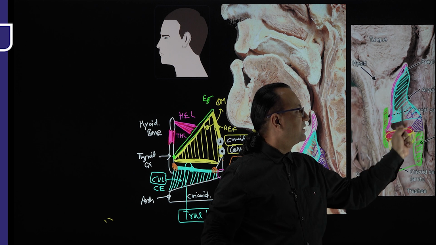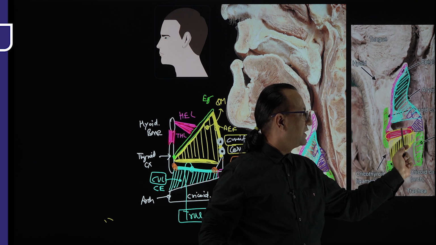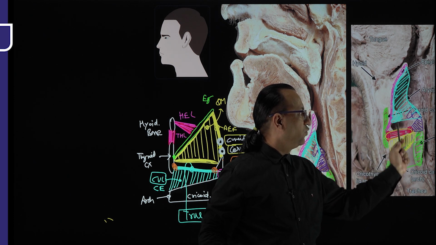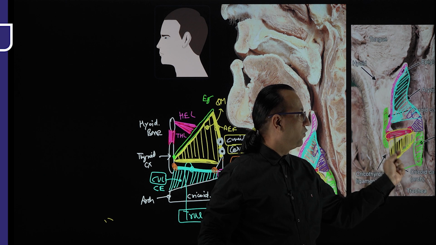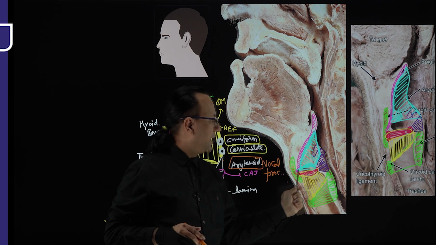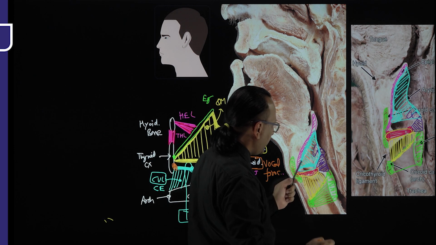This is the laryngeal vestibule, this is the glottis region, so that is supraglottic region, and this is the infraglottic region. Level 1, level 2 and level 3. Between the two vocal cords, the false vocal cord and true vocal cord, is the laryngeal ventricle. So this is going to be the laryngeal ventricle. The space between the two vocal cords is the laryngeal ventricle.